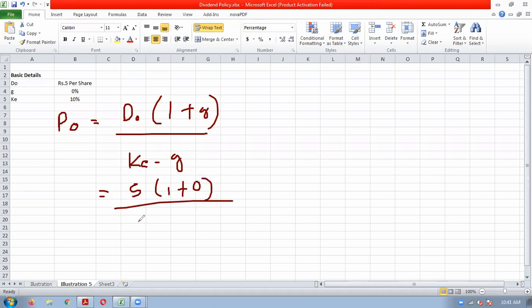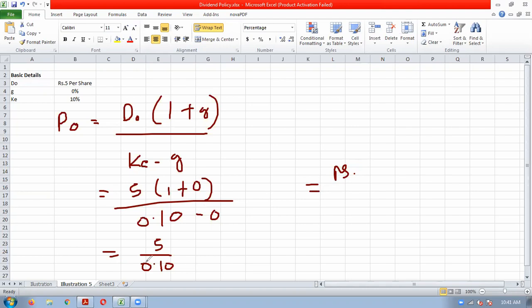K is 10 percentage, that is 0.10 minus 0. So it will become 5 divided by 0.10.